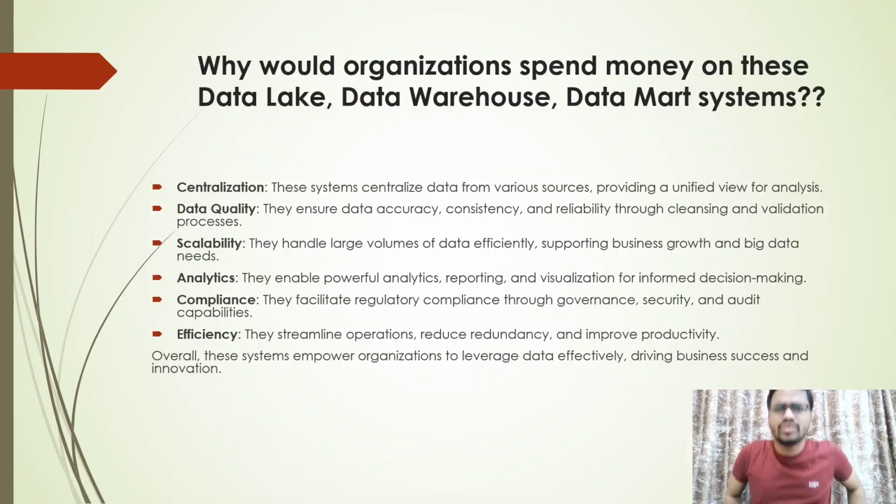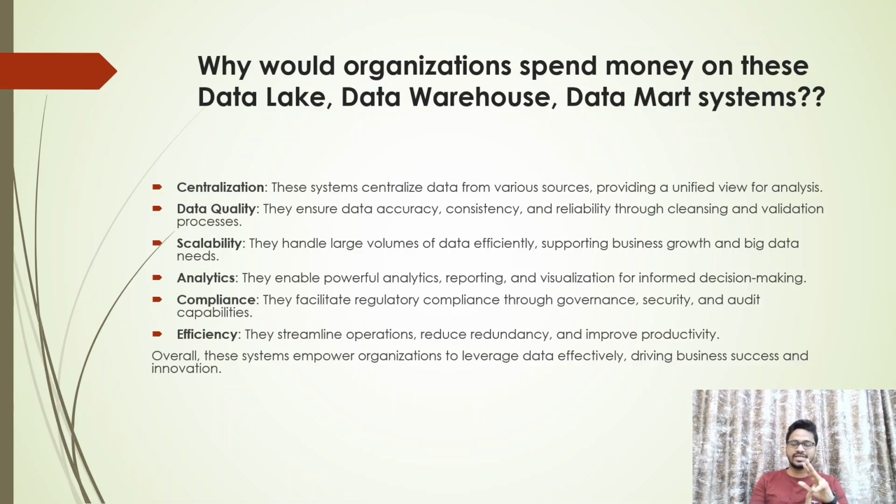So the next question is, why would the organization spend so much money on these kinds of systems that we are talking about? Because these systems help the organization. Now see, the organizations would be getting a huge amount of data, and in order to make their business better, they need to make sense out of this data, and these systems basically help them to handle the data in a better way. How? As you can see on the slide, I have mentioned the benefits.